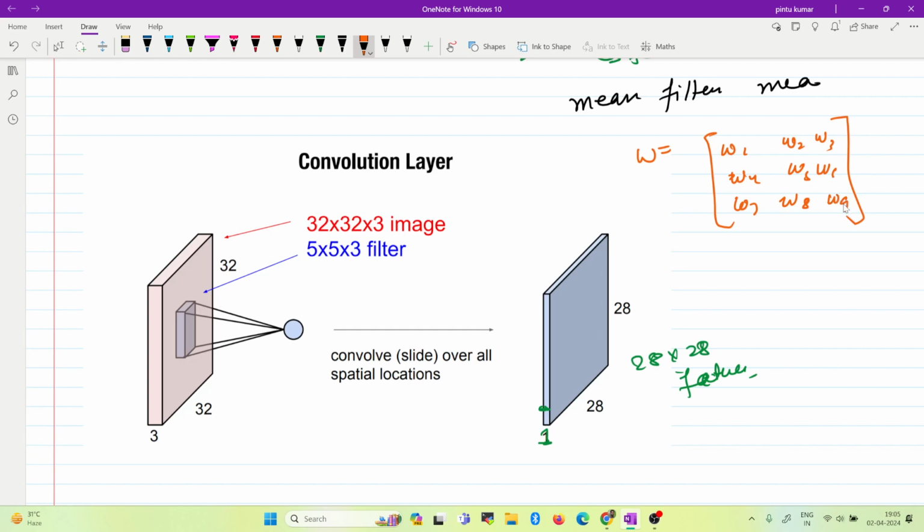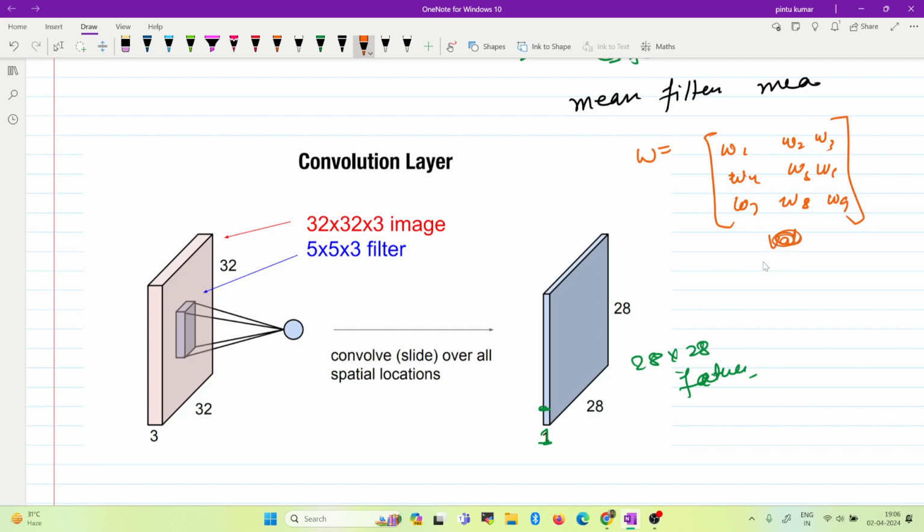You initialize them with some value, and the way you used to do in your normal neural network, you train your network using some loss function and backpropagation. The same thing you will do over here. You will tune your W's, you will change your W's based on the gradient values that you obtain, and you will finally obtain some filter that will do your job. So you initialize this randomly, you will progress, and then at the end you will obtain some values.